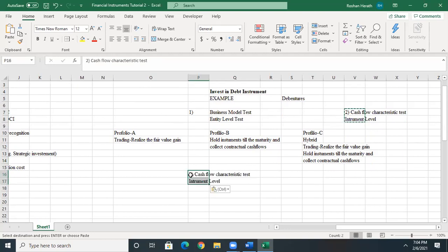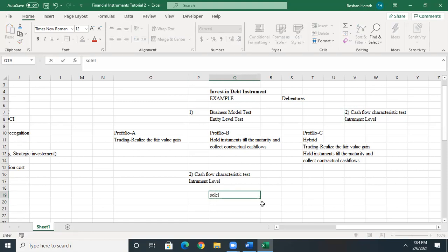When it comes to this cash flow characteristic test, what it says is that the cash flows of this particular investment, the investment in a debt instrument, should consist entirely of the coupon at the market rate, and what you call the redemption value or principal at the maturity.